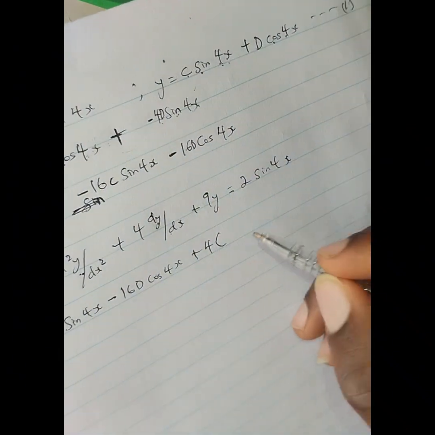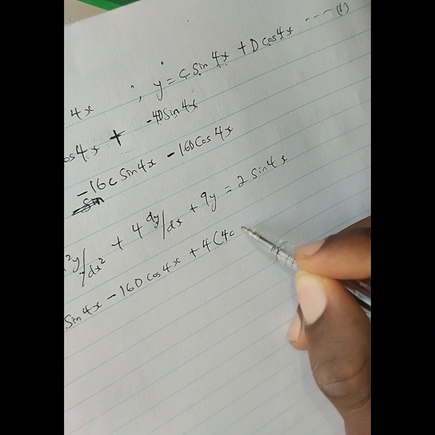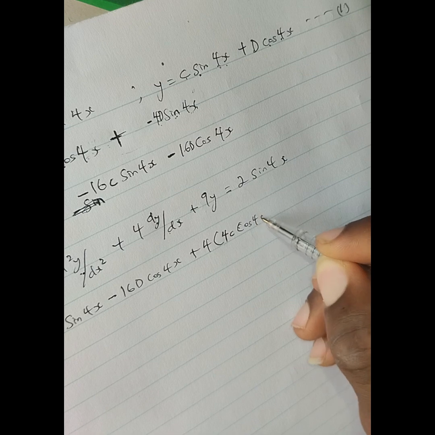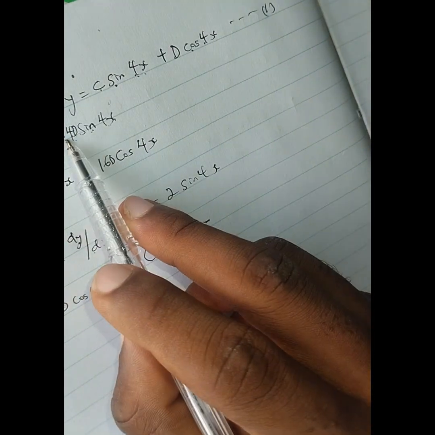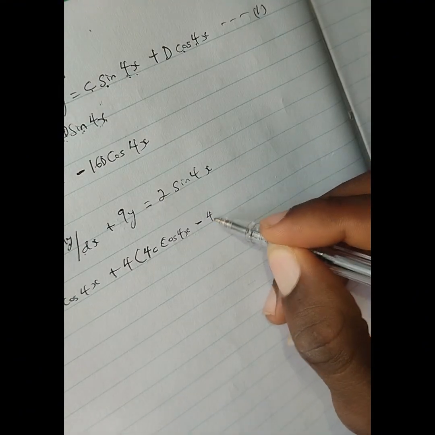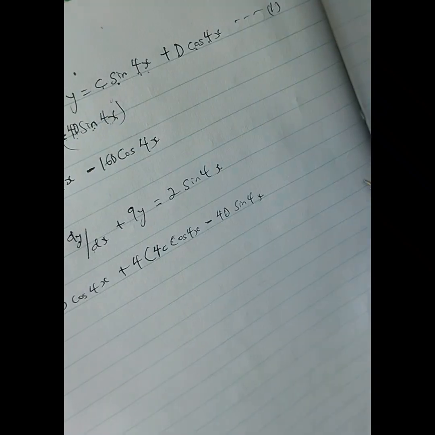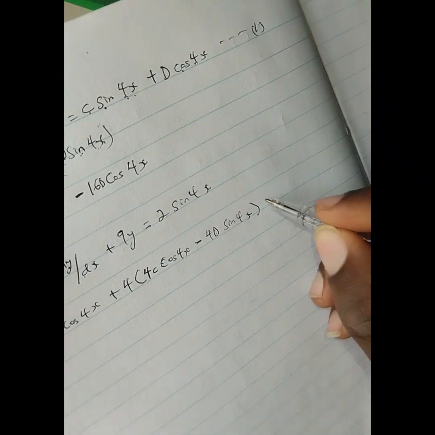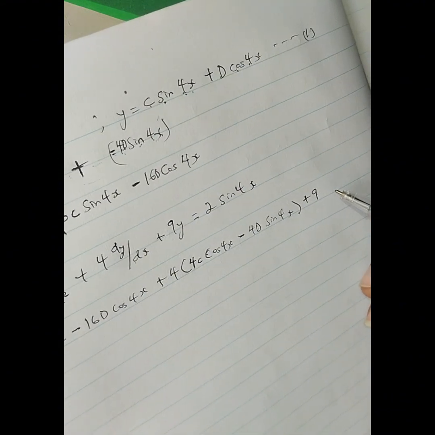We have 4c cos 4x minus 4d sine 4x, then plus 9y.